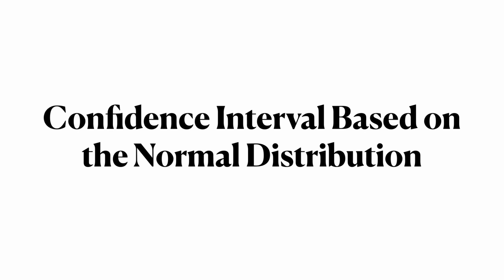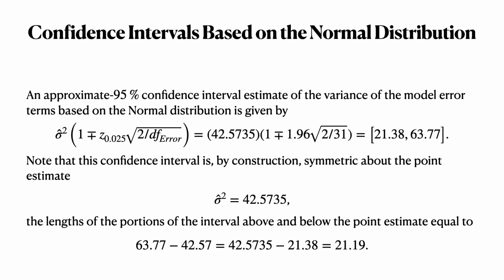Now let's compute a confidence interval estimate of sigma squared based on the normal distribution. An approximate 95% confidence interval estimate of the variance of the model error terms, sigma squared, based on the normal distribution, is given by the following construction.